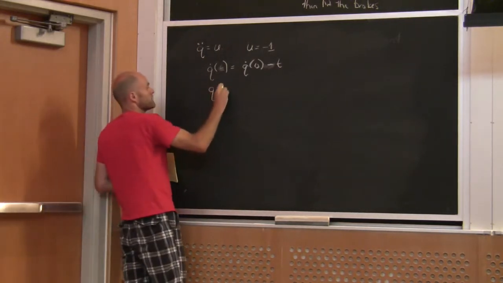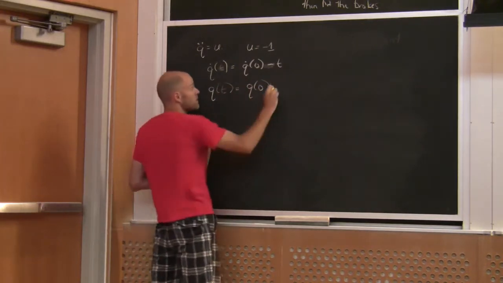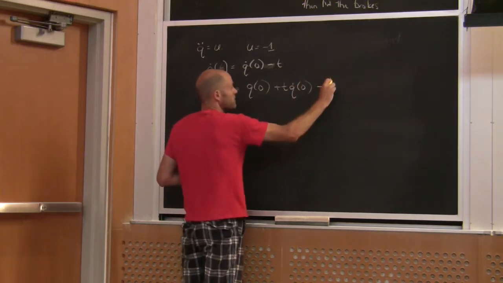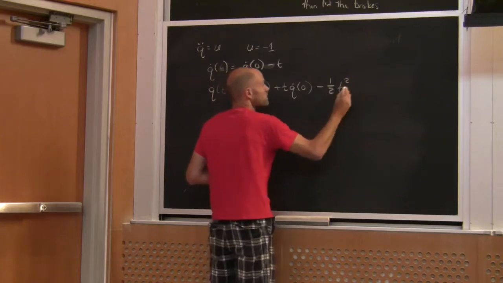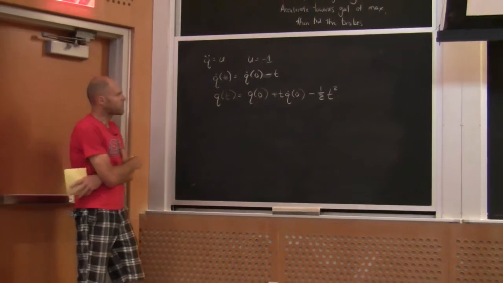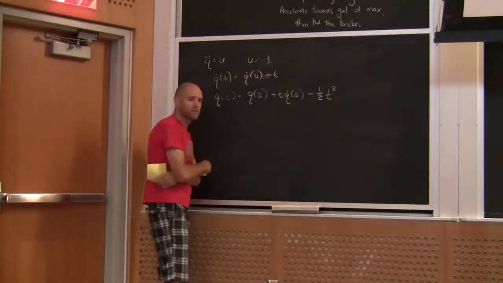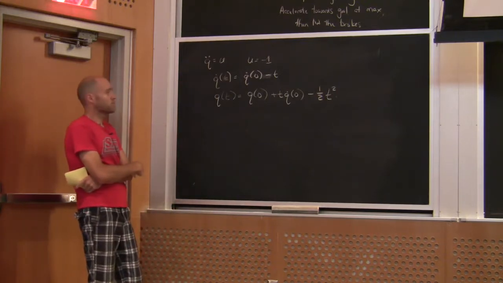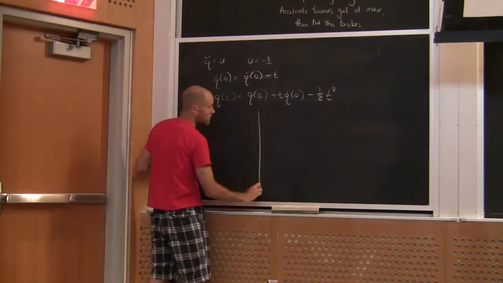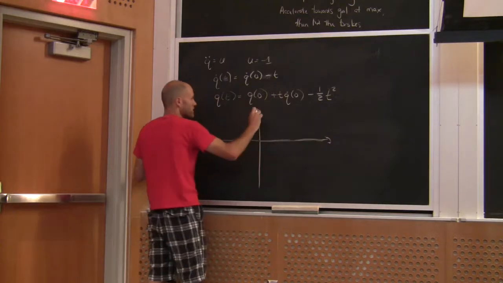And then q of t is going to look like q0 plus t times q dot 0 minus 1/2 t squared. Okay, so what you see is you get these nice quadratic trajectories through state space. You could solve away t and solve for this curve explicitly, but already you can see it's quadratic.